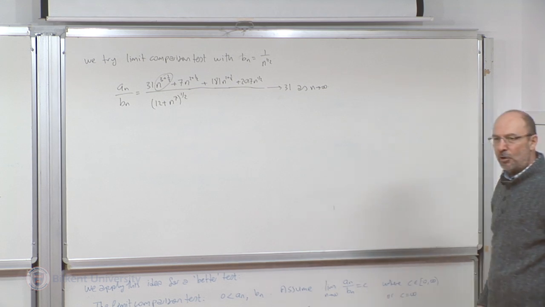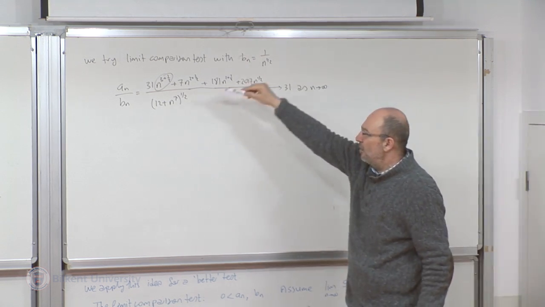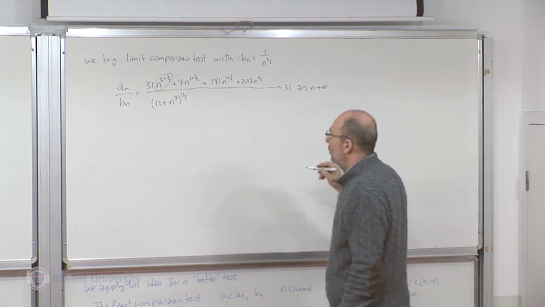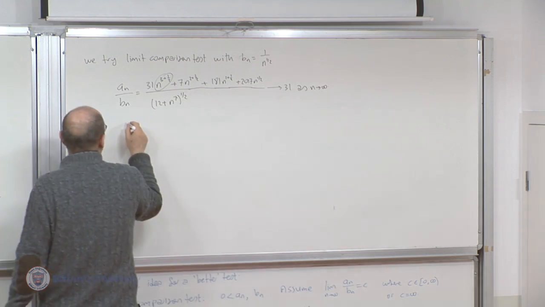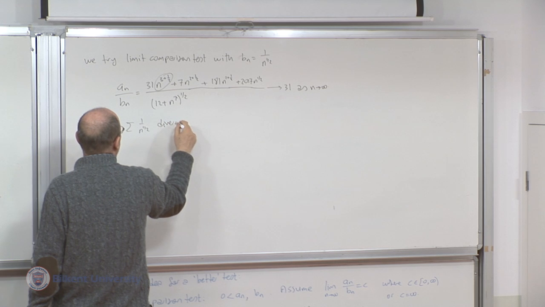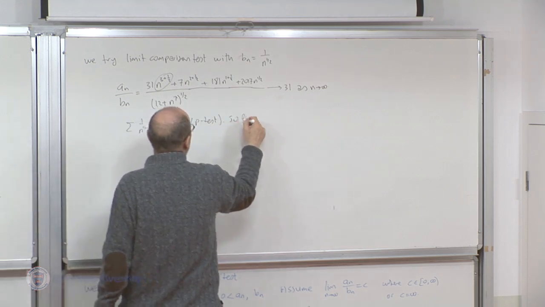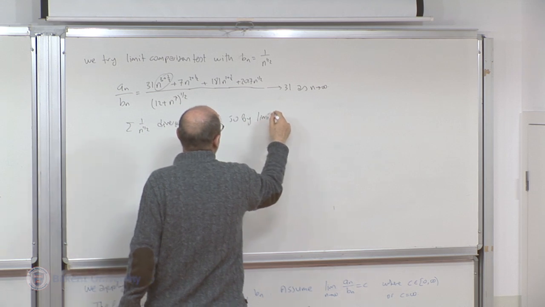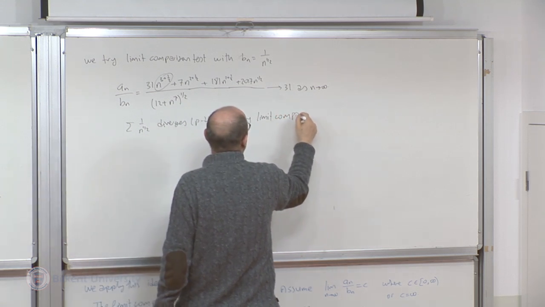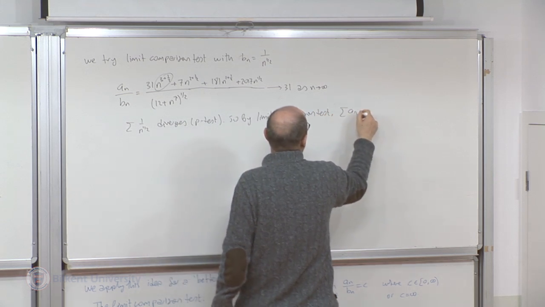So the limit is 31, which is a positive real number. So the limit comparison test says that whatever this does, this series does the same thing. The summation of 1 over n to the 1 over 2 diverges by the p-test. So by the limit comparison test, the summation of an diverges.